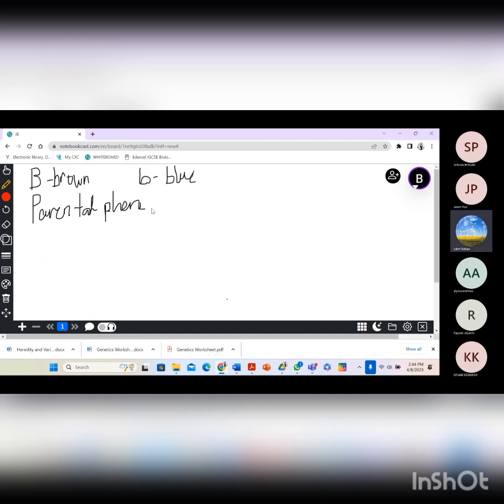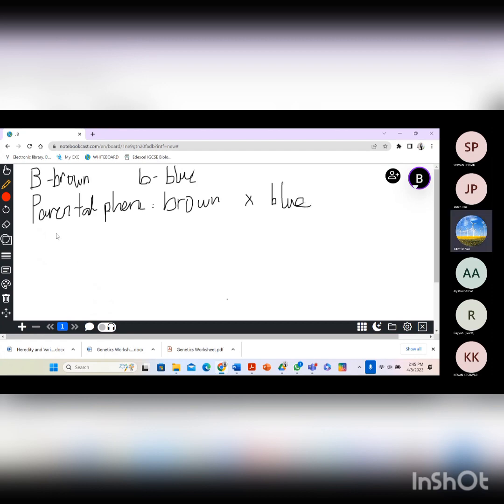So it's going to read brown mating with blue. Make sure you put your multiply sign, which means mating in this case.